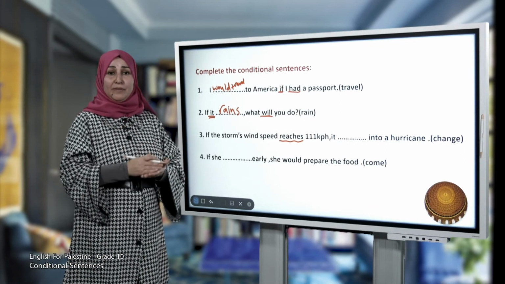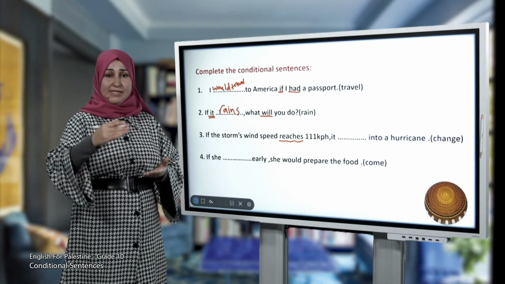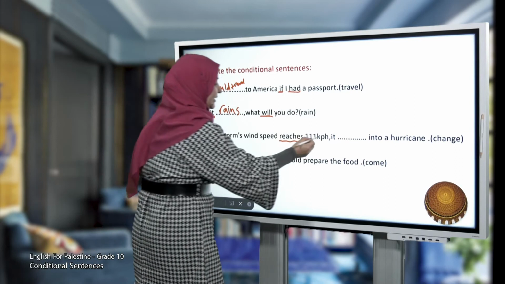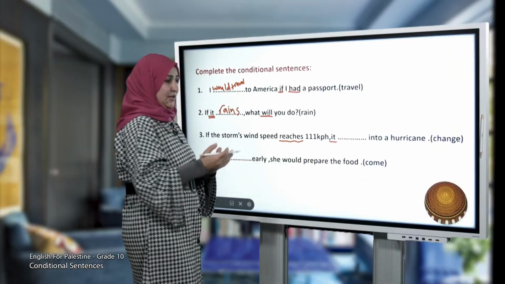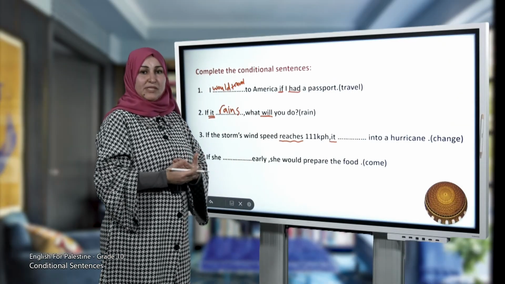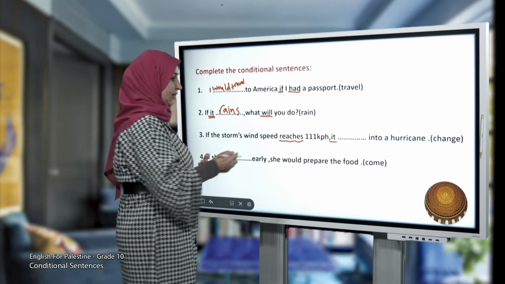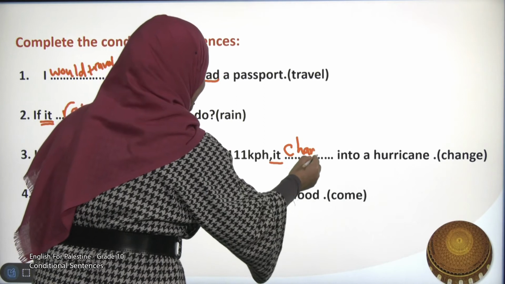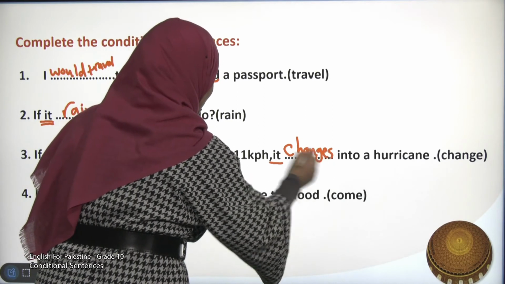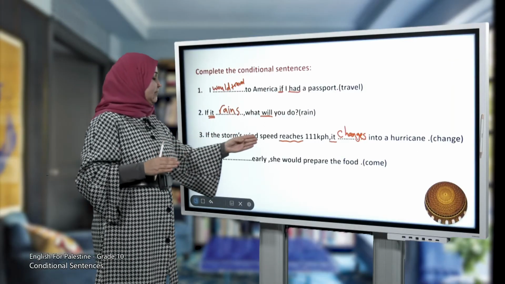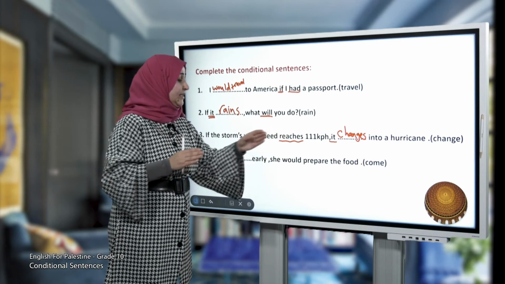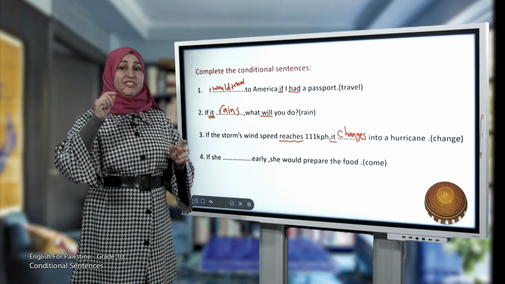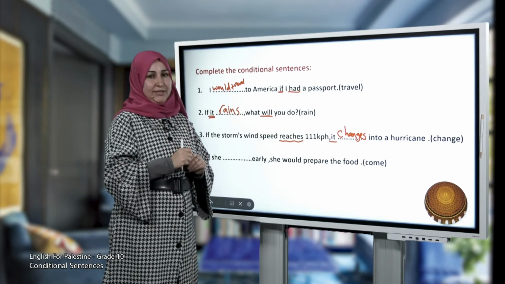So, the other verb must be also present simple. The subject is it. It's singular. So, the verb must be also singular. So, we add s. It becomes changes. If the storm's wind reaches 111 km per hour, it changes into a hurricane.